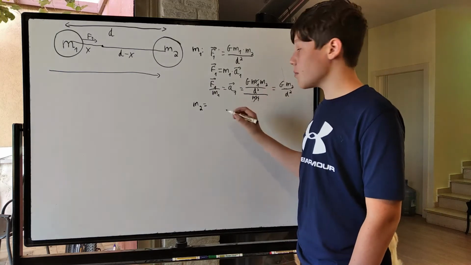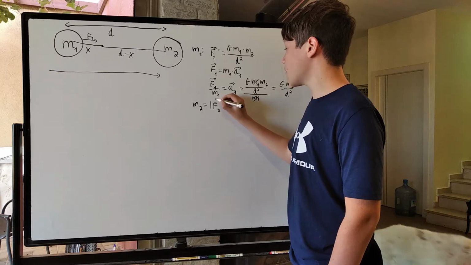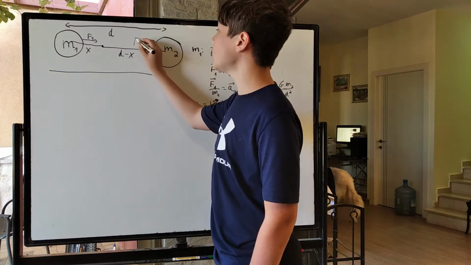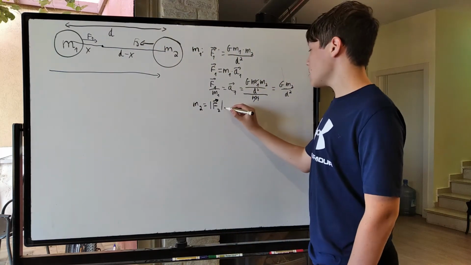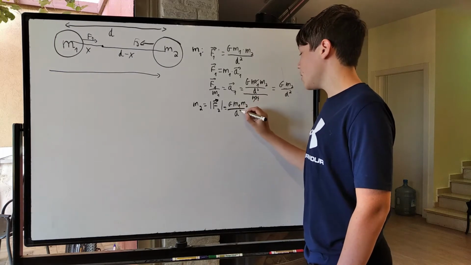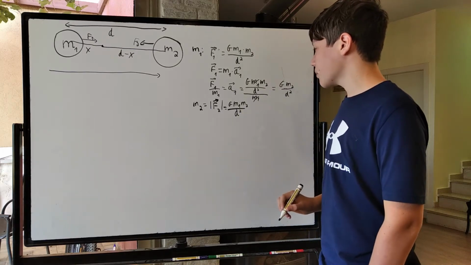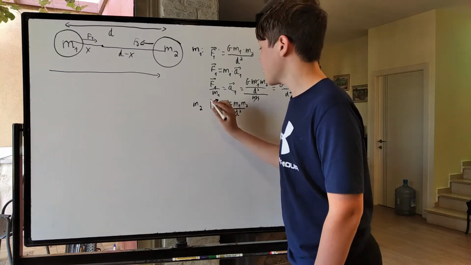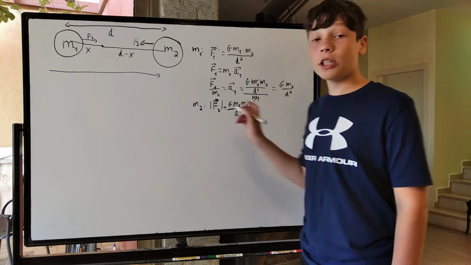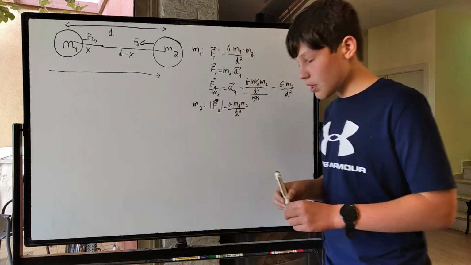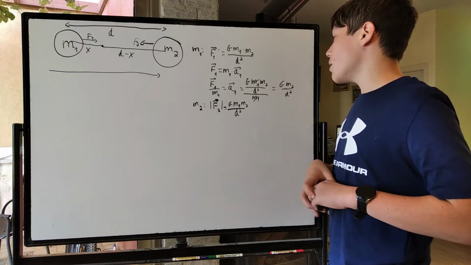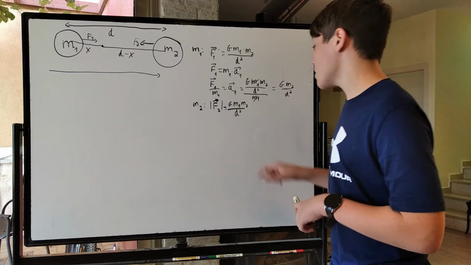And similarly for m2, the size of F2, which is the force acting on m2, which will go in this direction, is the same G m1 m2 over d squared. But this time, the direction of the force is opposite to the direction of the positive axis, meaning that the actual force itself is negative this number.